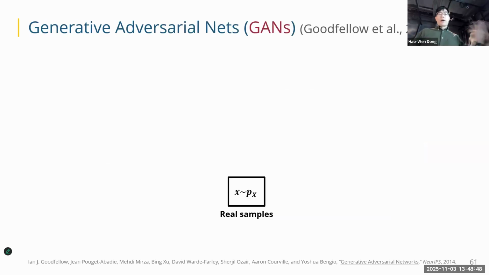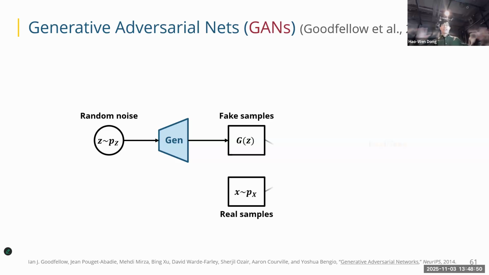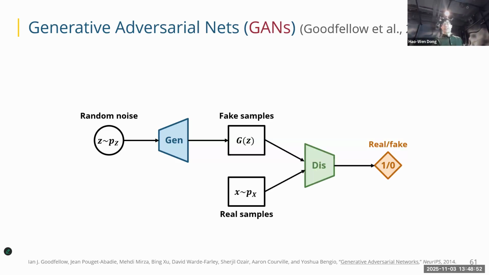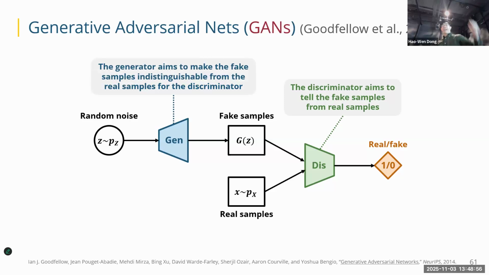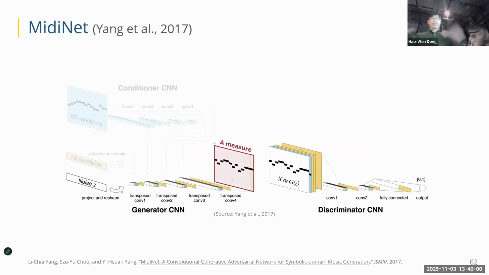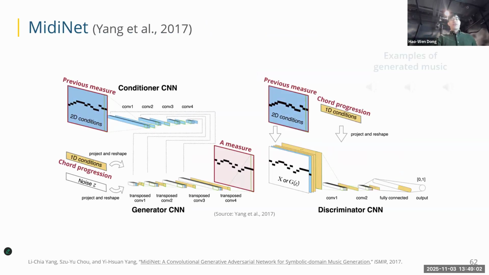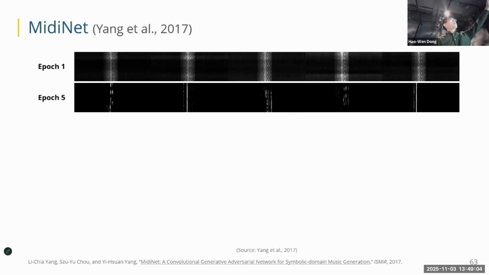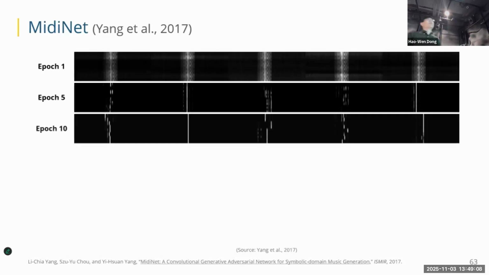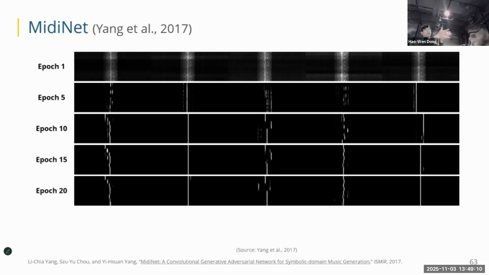First, we talked about the GAN idea, where two components play an adversarial game: one tries to cheat, and the other tries to tell real from fake. We can use these models to generate piano rolls, in this case turned 90 degrees, and you can see that it figured out which octave to play a particular note in.